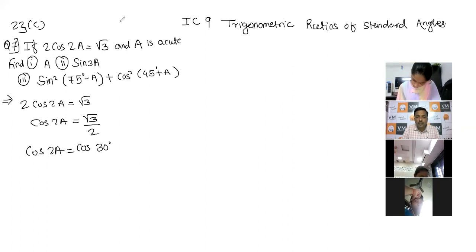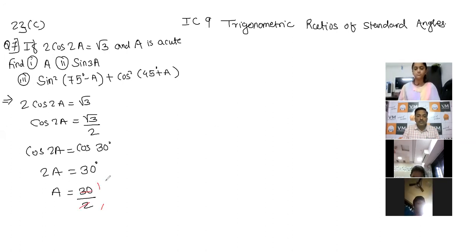Now cos cancels, 2A is equal to 30 degree and A is equal to 30 divided by 2, so A is equal to 15 degree. Value of A is 15. First one we solved.